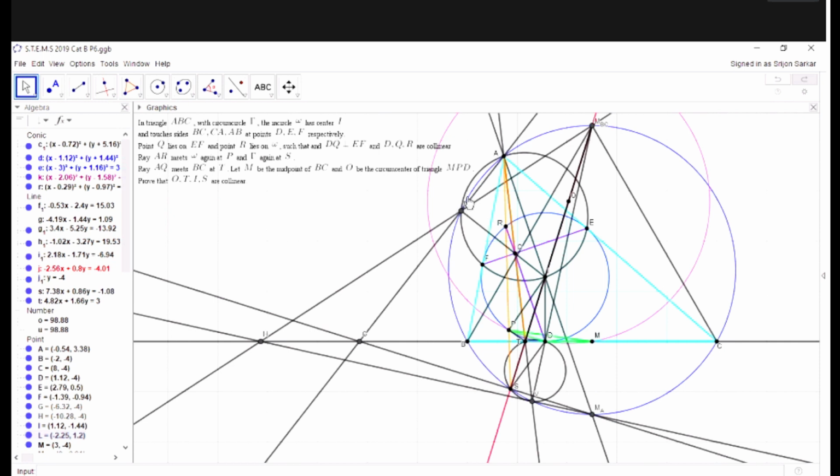L is the Miquel point of the quadrilateral FBEC, this quadrilateral. Then F, L, Q, I, all these are collinear, where Q is the foot of the perpendicular from D onto EF, an incenter, obviously. These are two properties. Then the third property is that L, D, M, A are collinear.